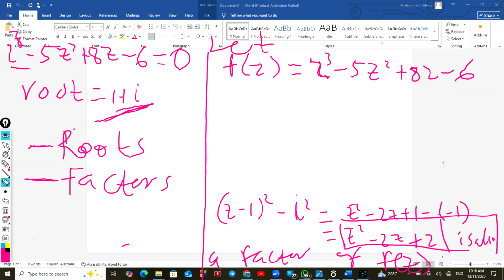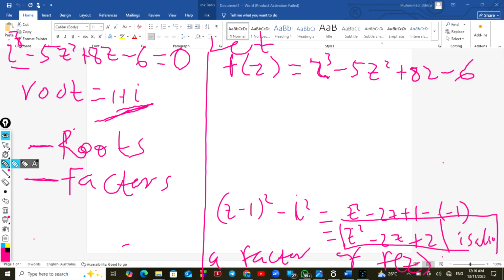And apply the long division. We know that if we divide by a factor, we will get only a quotient and no remainder.